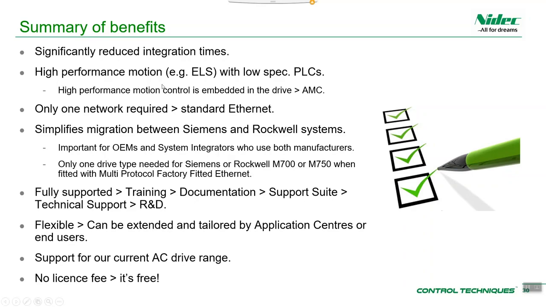You have relatively high performance motion, so you have the ability to make an electronic line shaft type system, for example, using the EGB function block with a relatively low spec PLC. So for example, you could use something from the CompactLogix range, like an L24, and end up with synchronous motion between two axes, even though that PLC itself doesn't natively support synchronous motion.